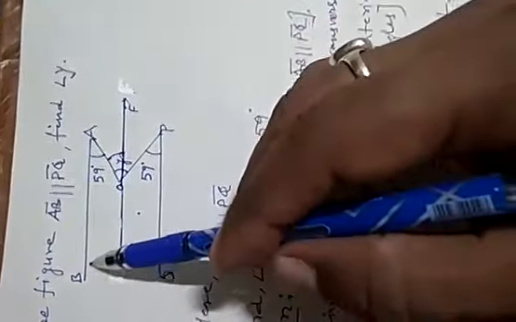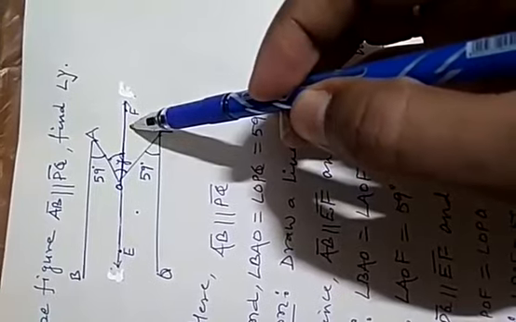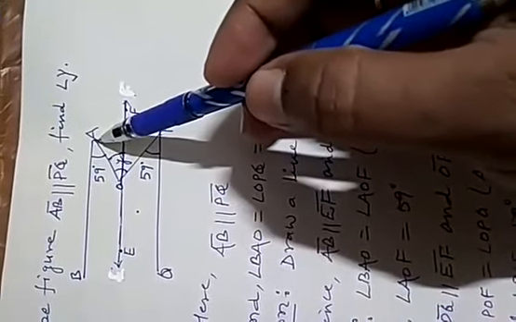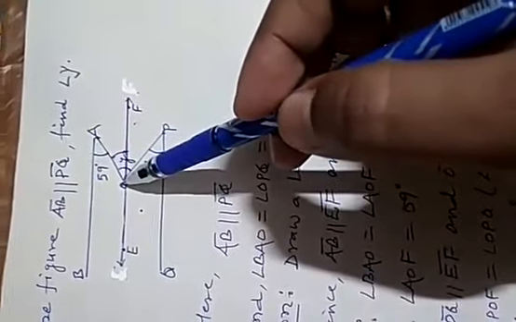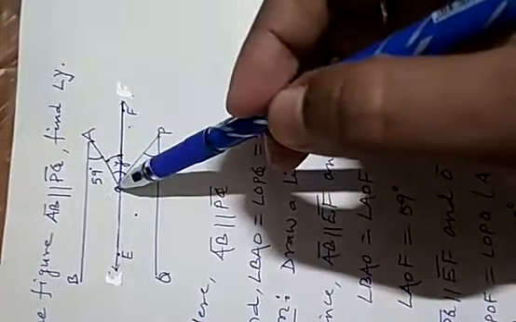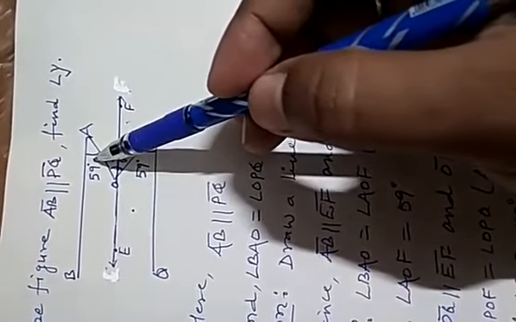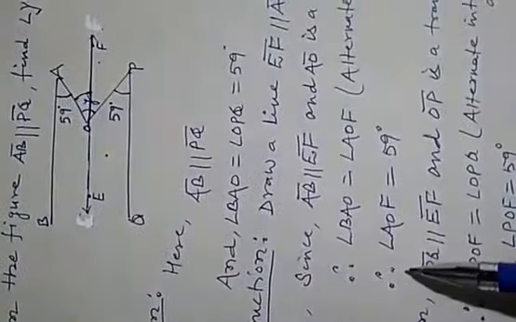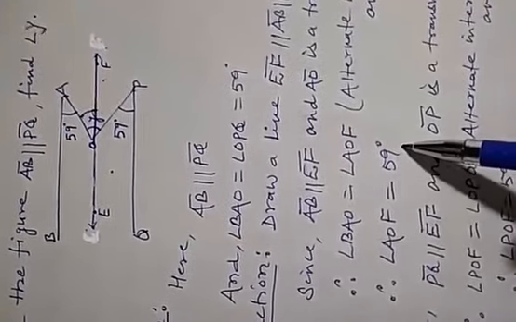Because line segment AB is parallel to EF and AO is a transversal, therefore angle BAO is equal to angle AOF. This angle equals this angle. Therefore, angle AOF is equal to 59 degrees.